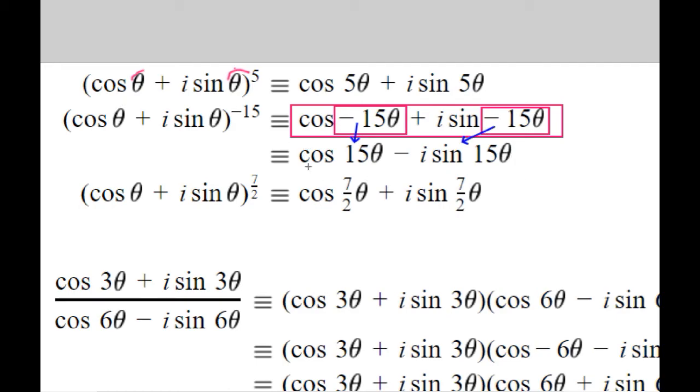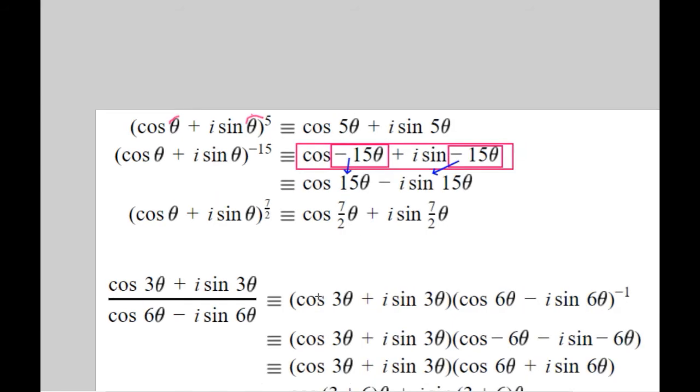So generally, just be careful in terms of remembering your trigonometry. Cosine is an even function, so there's no need for the minus sign, and sine is an odd function, so the minus sign in terms of the theta can be placed outside for sine, and that gives us that solution. For 7/2, there's nothing more you can do: use de Moivre's theorem, and you get cos 7/2 theta plus I sine 7/2 theta. And again, please see de Moivre's theorem for the theory behind that.